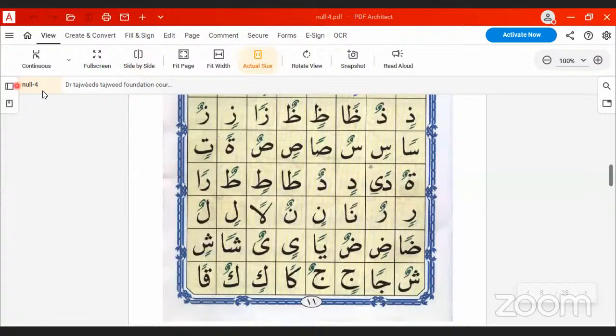Remember the ra with the kasra. Ra with the kasra will be read as ri. The sound of kasra with a ra. Ri, ri, ri. Those who know Malayalam can understand, here the letter ra. In Malayalam there is a letter ra, and if you give a kasra, it is sounded as ri.